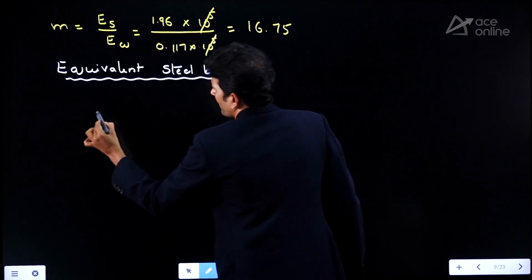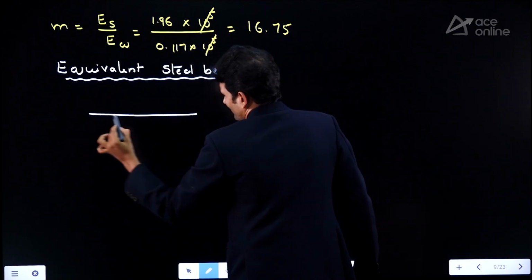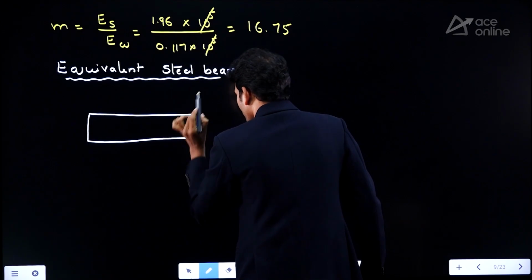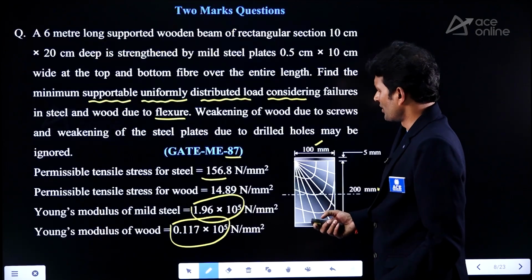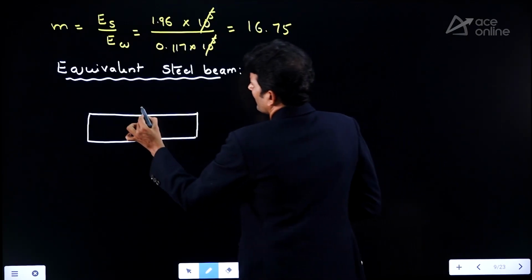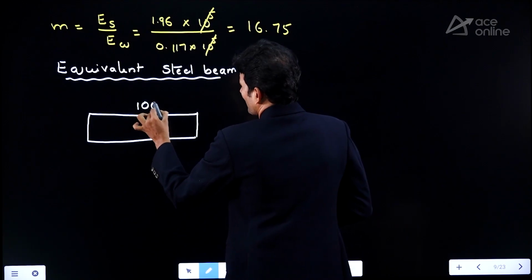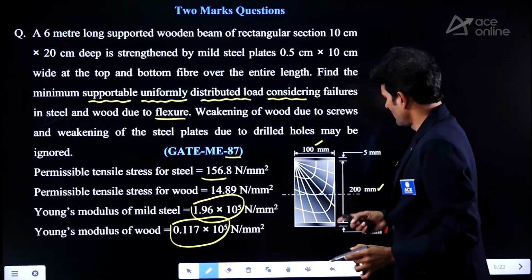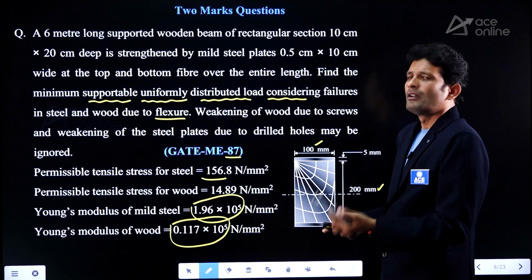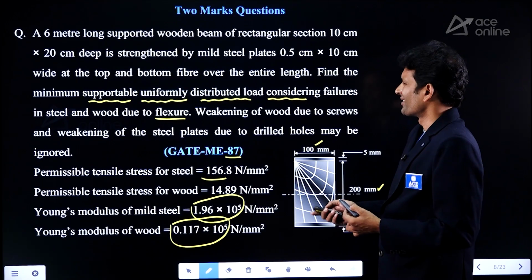How are we taking it? We are not making any changes to the width of the steel, so it is 100 as it is. But when you take the width of the wooden section, you divide that by the modular ratio, approximately 16.